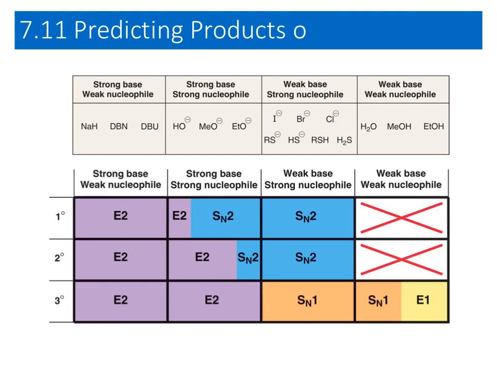Another point that I would like to mention is about the substrate. So in this chapter we learned that alkyl halides can act as good substrates for elimination and substitution reactions. We also saw some examples for alcohols. So alcohol can also act as good substrate. However, OH is not a good leaving group, and we learned two different ways to convert OH to a good leaving group.